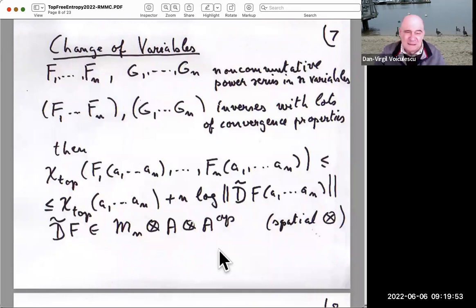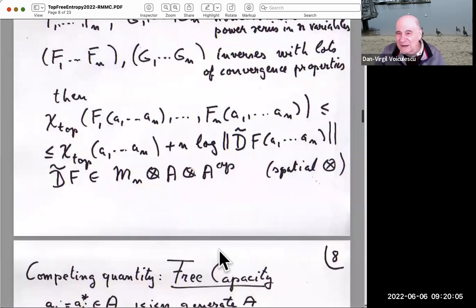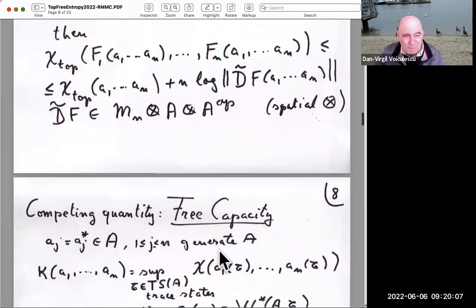And here one is tempted to find something similar, only one is not so lucky at this time to know that the two things are equal, but one has the two quantities and one must compare them.